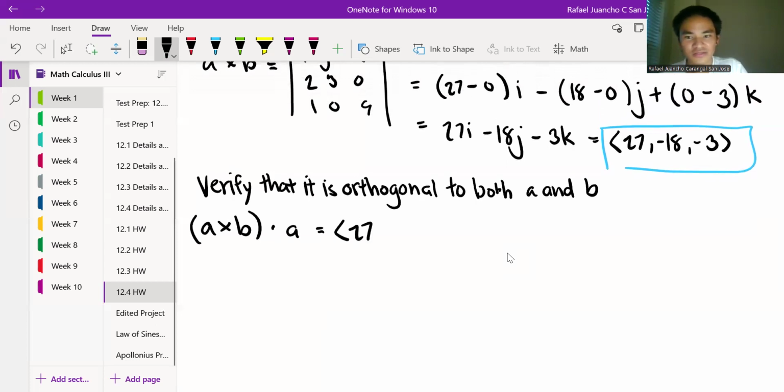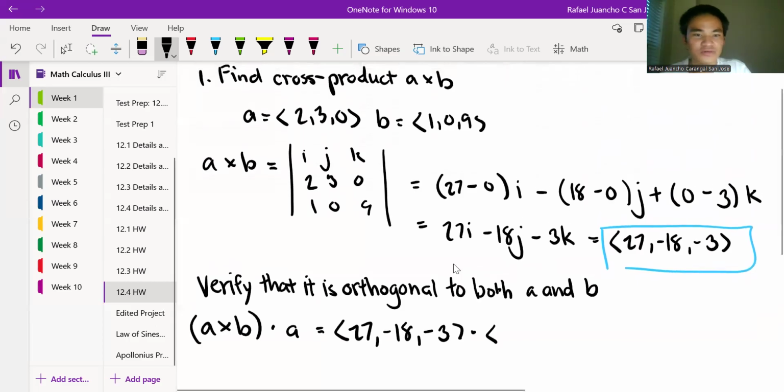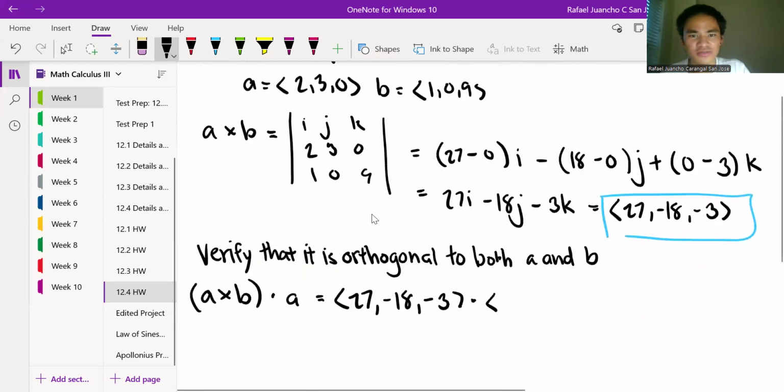We got our cross product, which is this guy here. We're getting the dot product with vector A, so the components are 2, 3, 0.